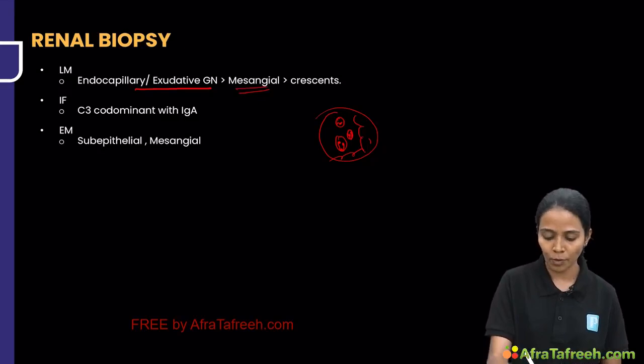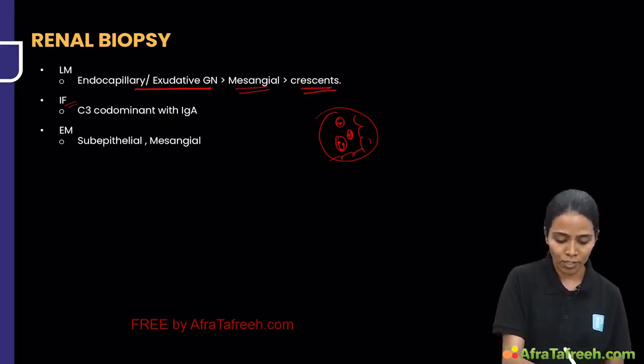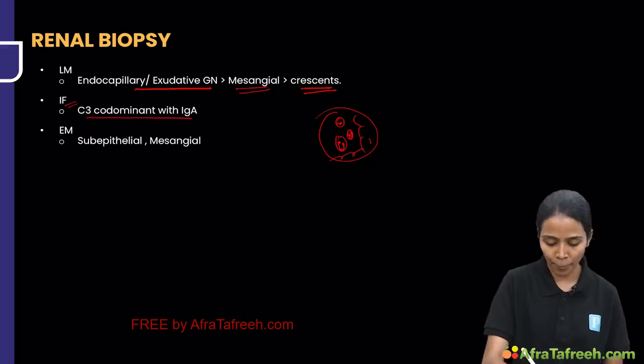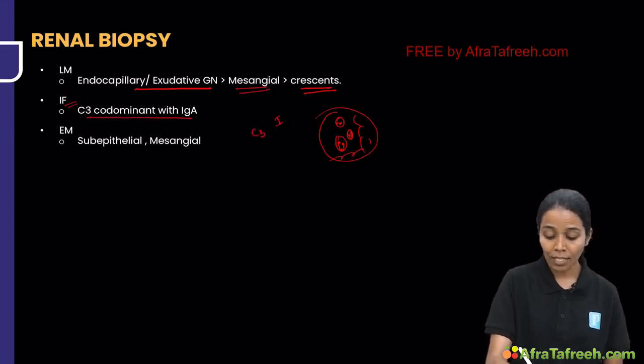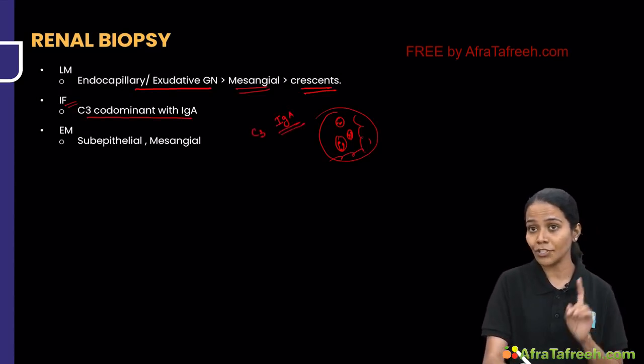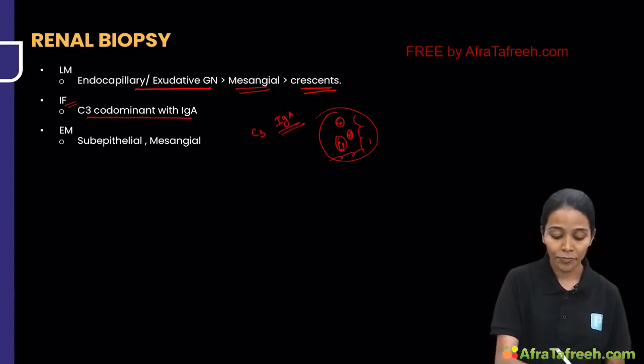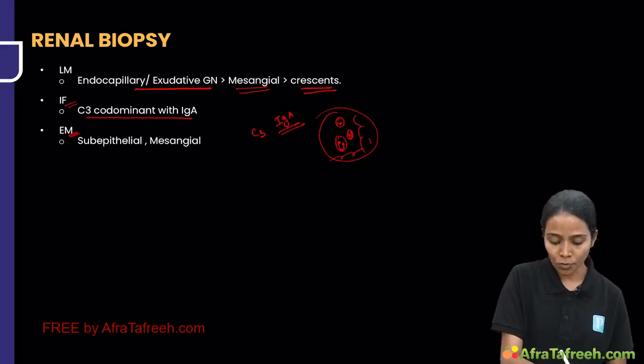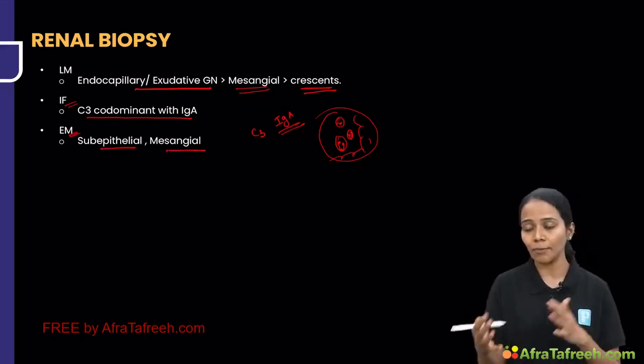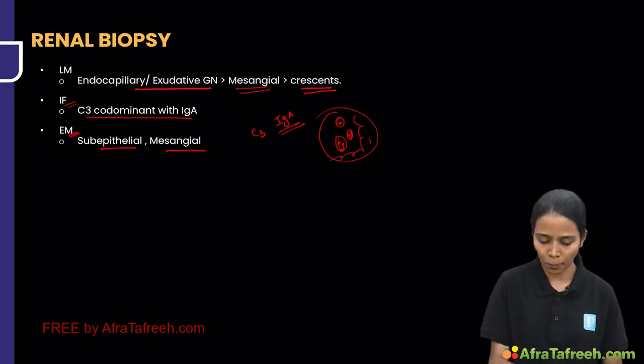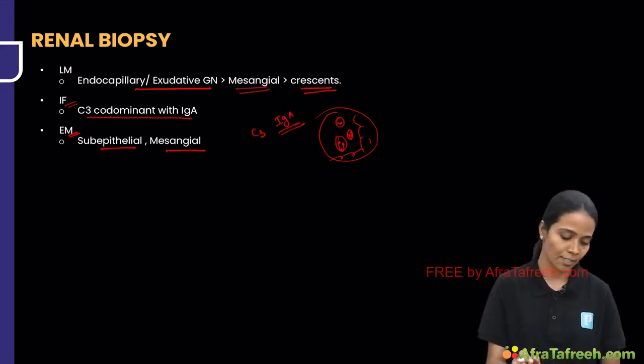Again, mesangium can be proliferated or crescents can be there. In immunofluorescence, it's going to be C3 codominant with IgA. In PSGN, we saw it was IgG. So here we see that it is C3 codominant with IgA. In electron microscopy, there are going to be subepithelial and mesangial deposits of immunoglobulins, like in other diseases.